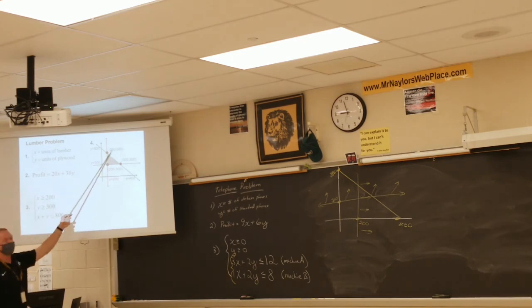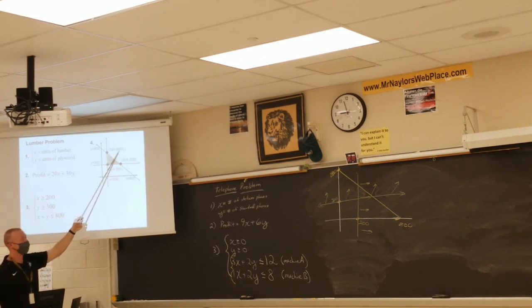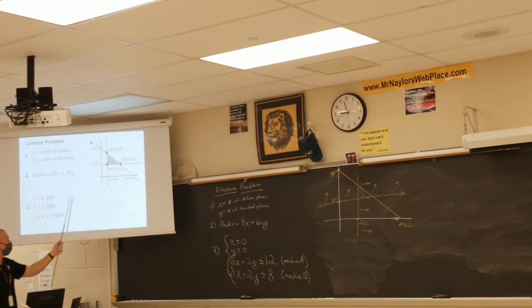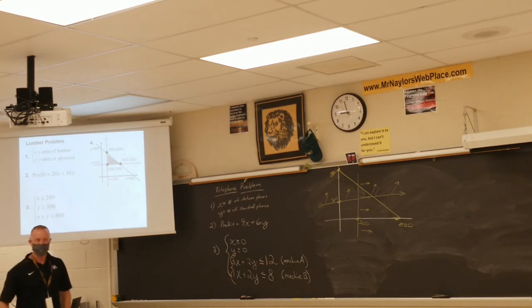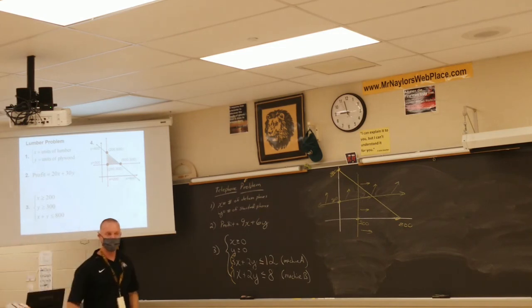This corner point, I know that x was 200. That's consistent. x is 200. What's the rest of it have to equal so that, of course, it's equal to 800? Okay, so you have your three corner points. And again, the three corner points are those numbers in black. You're almost there.